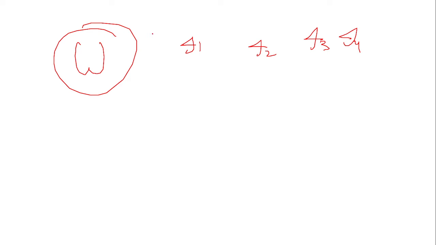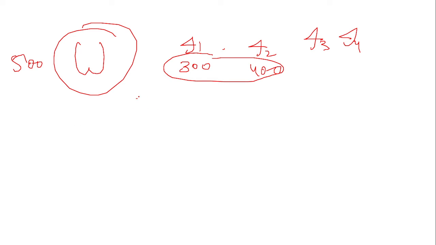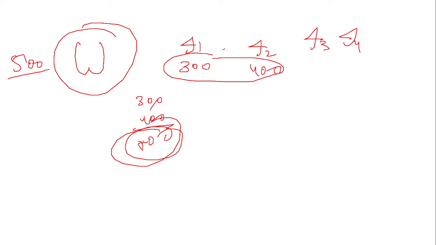For example, if I keep my maximum weight as 500, and item 1 is of 300 and item 2 is of 400, then if I add these two items into the bag, my total weight is 300 plus 400, which equals 700. You can see that my total bag weight is 500. Now if I add items whose total weight is 700, the bag will rip off, and you cannot carry the items.